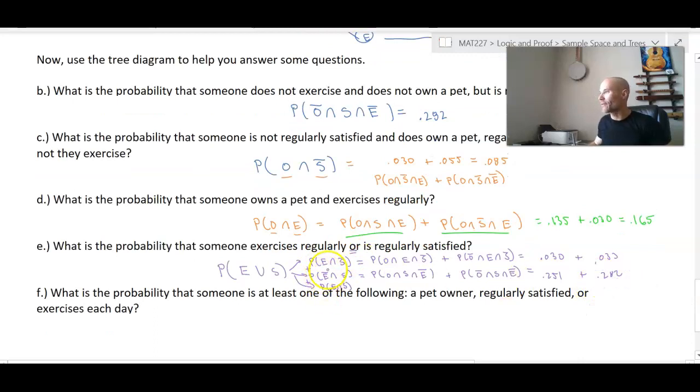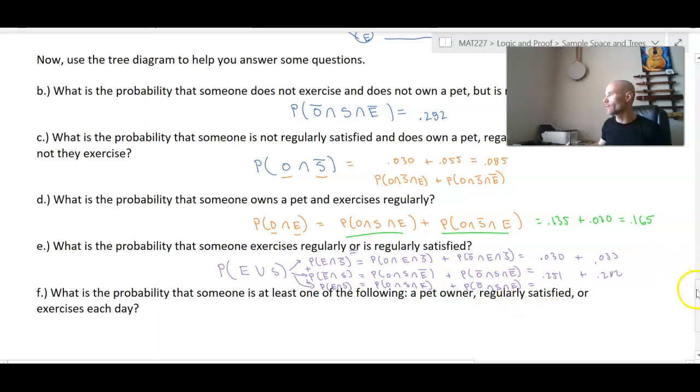Now remember, we're going to add all these together. There's going to be 6 probabilities, as you might imagine, because down here, some of these do own pets, but they are satisfied and do exercise, plus the people who aren't pet owners and are satisfied and do exercise.